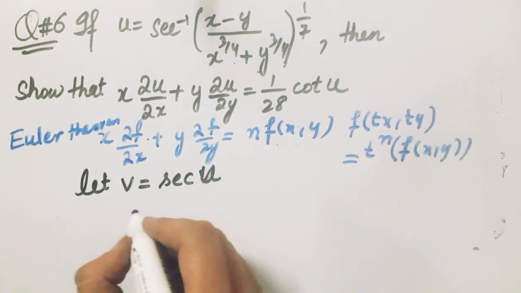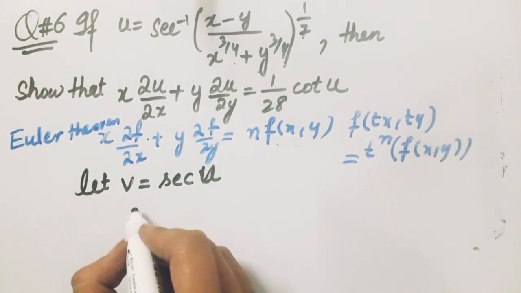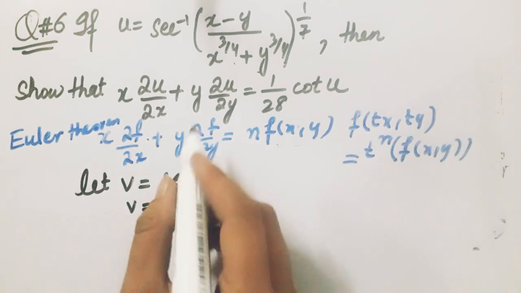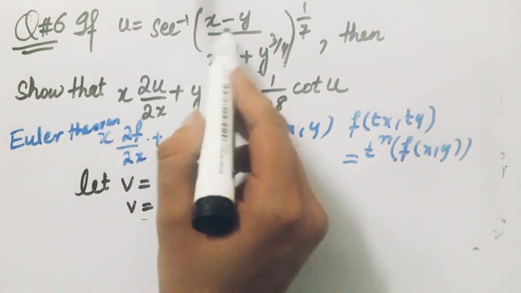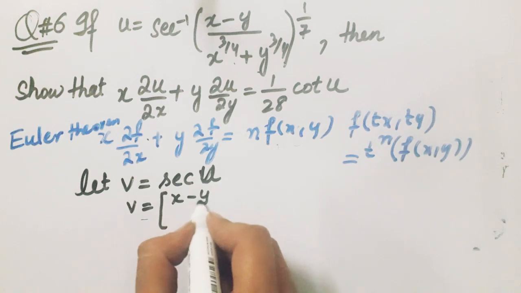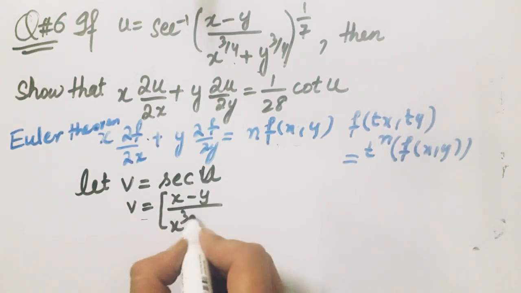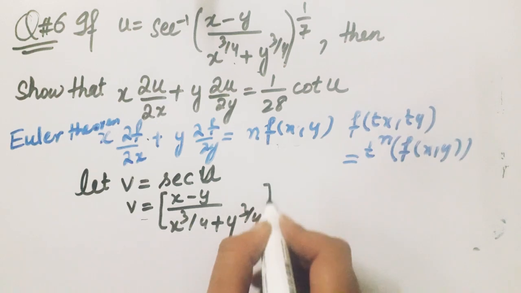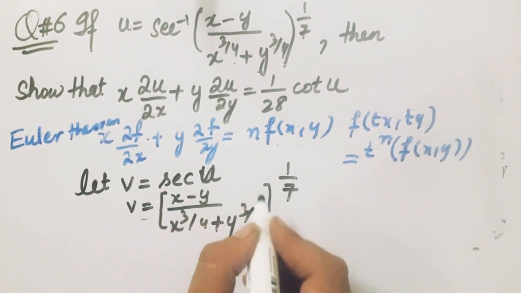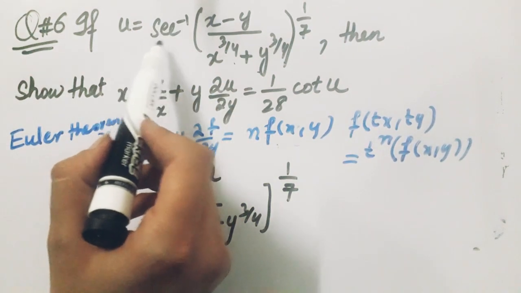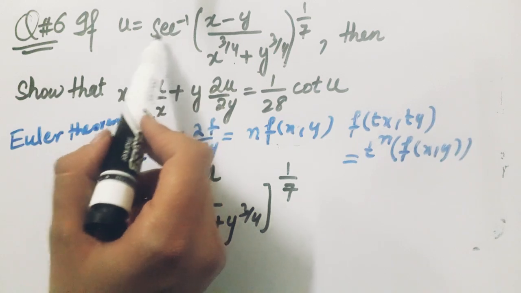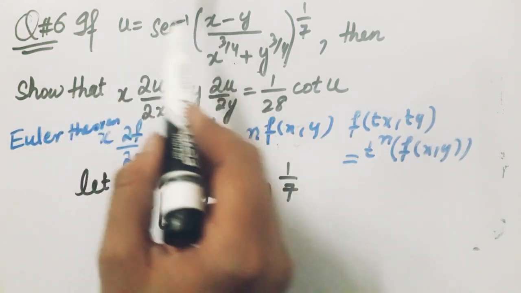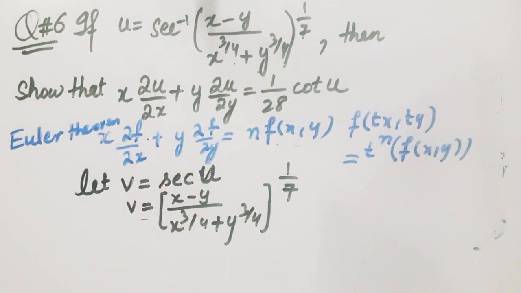Now you will get v is equal to the secant of u, which will be equal to (x minus y) by (x raised to power 3 by 4 plus y raised to power 3 by 4), and whole power is 1 by 7. Because here this is secant inverse, when it goes to the left hand side it will become secant u. So v is equal to this function.